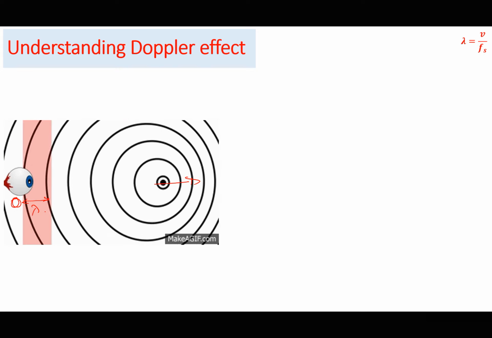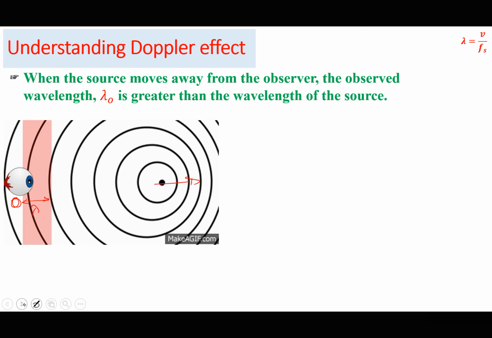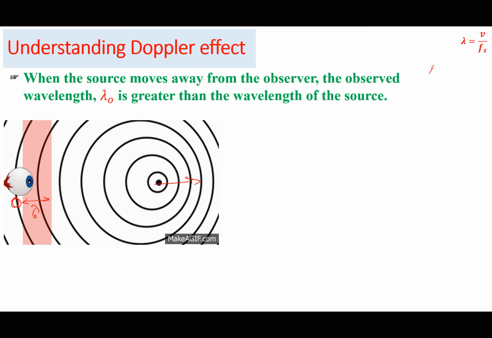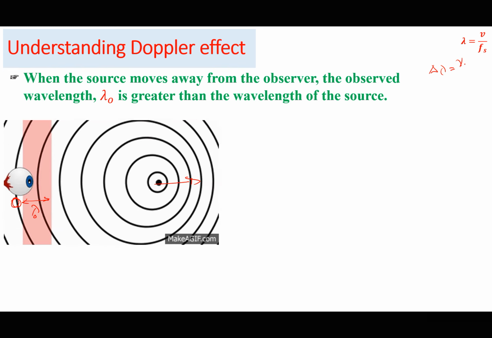The opposite is actually what is happening: when the source moves away from the observer, the observed wavelength lambda naught is going to be greater than the wavelength of the source by the distance moved by the wavefront. And that extra distance is still given by the speed of the source divided by the frequency of the waves.